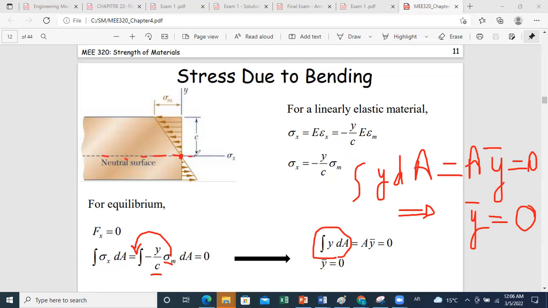So this analysis allowed us to determine the neutral axis position. The neutral axis should pass by the centroid of our section, okay? And the normal stress distribution is a linear distribution, and it will result into the creation of a bending moment.